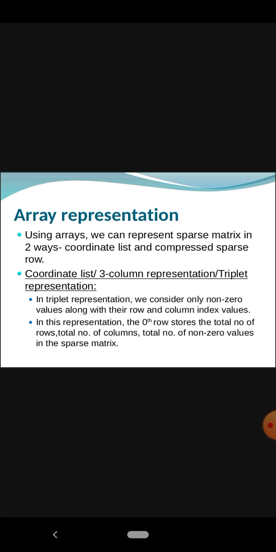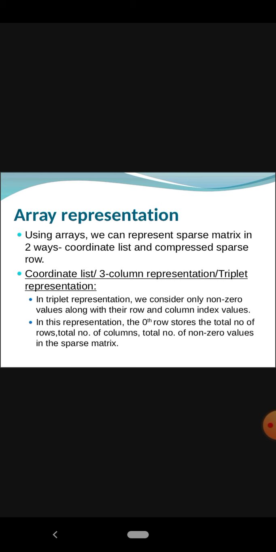A coordinate list, or we can say a 3-column representation or triplet representation. In this triplet representation we consider only non-zero values along with their row and column index values.